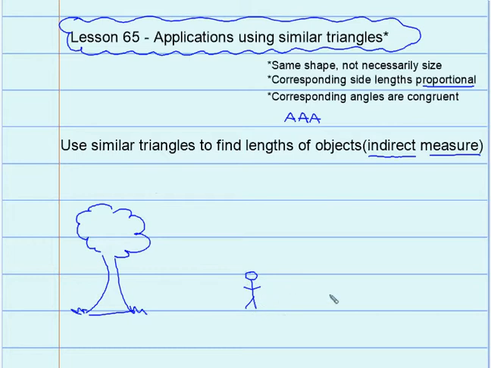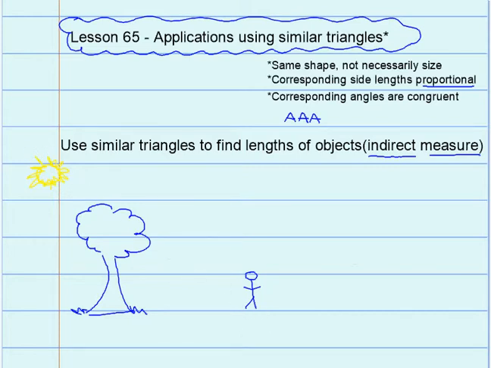What we can do is utilize the fact that the sun might be shining over here. We have the sun over here, and its rays are going to make some triangles.